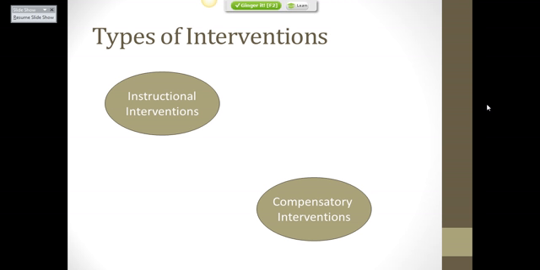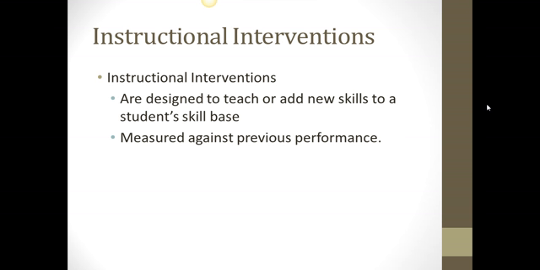And after that intervention is taken out of place, the student maintains that skill over time. The second type of intervention that we talk about is compensatory interventions, and assistive technology often comes about under this compensatory intervention. So again, instructional interventions are specifically designed to teach or add new skills to a student's skill base. And we measure their performance against previous performance.